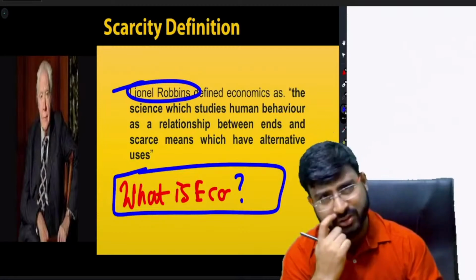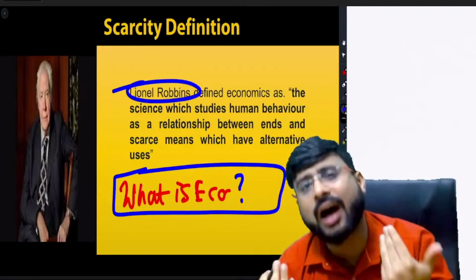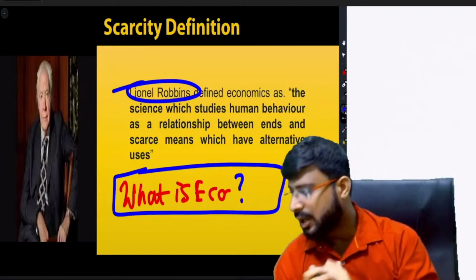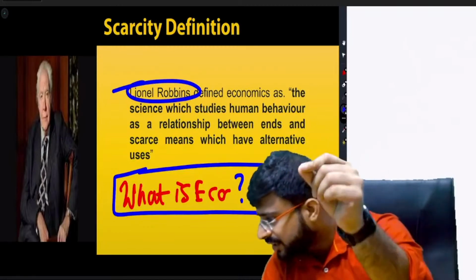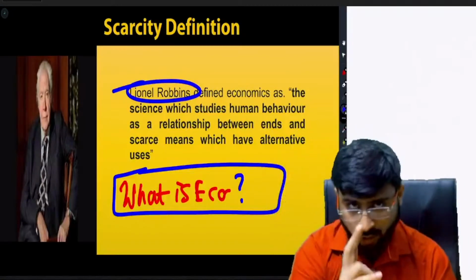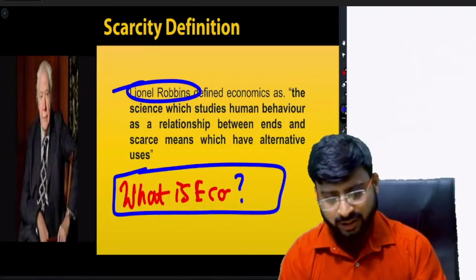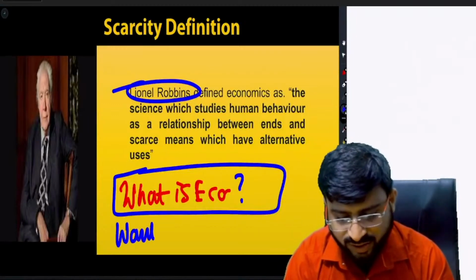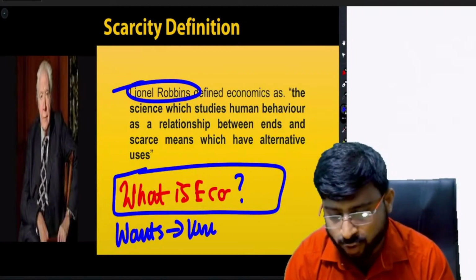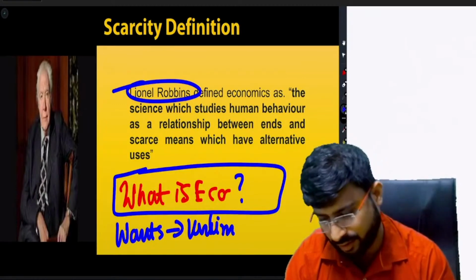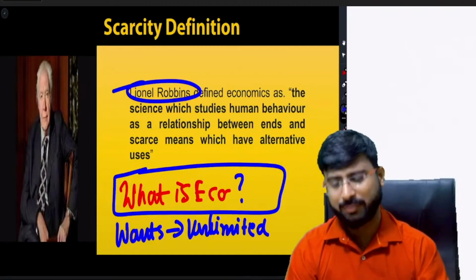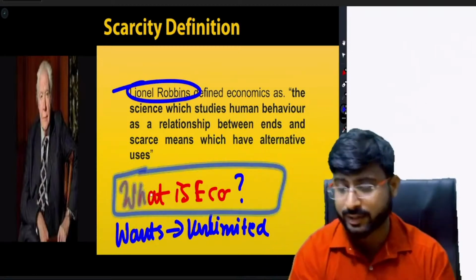Obviously, all of you answered correctly that our wants are unlimited. Exactly on point. Now, my second question arises. All of you acknowledge that the wants of us human beings are unlimited.